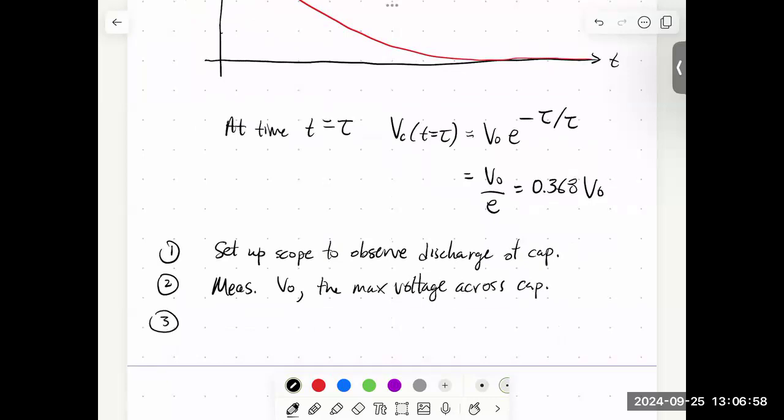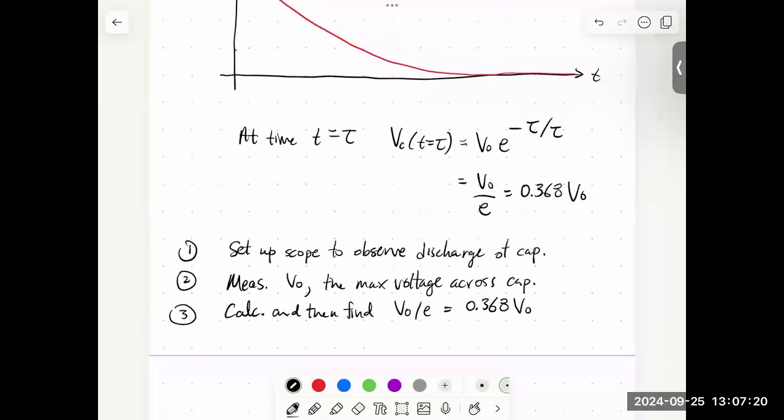So step 3 will be to calculate, let's say calculate and then find V naught over E, which is going to be that 37%. So let's imagine we did that.